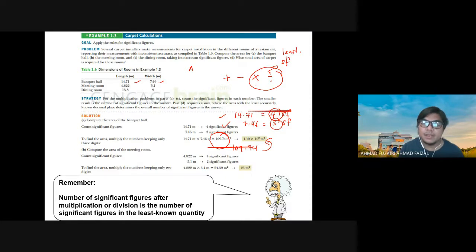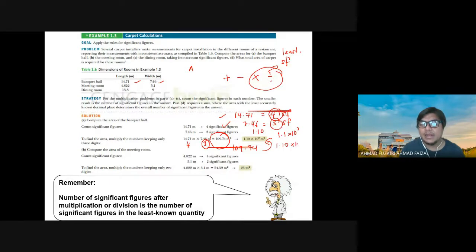So if you look at the final answer, the answer is 1.10. Obviously, we can also write it as 1.1 times 10 power of 2. There is nothing wrong with that final answer, but it is advisable to write it in terms of significant figures. Looking at the question, 14.71 and 7.46, we follow 3 significant figures, the least from the question. So the final answer should be written as 1.10.